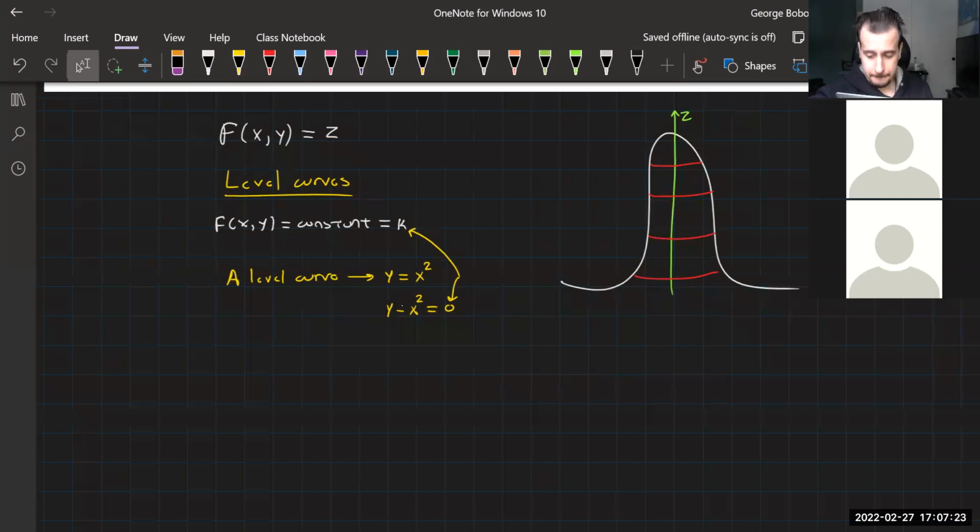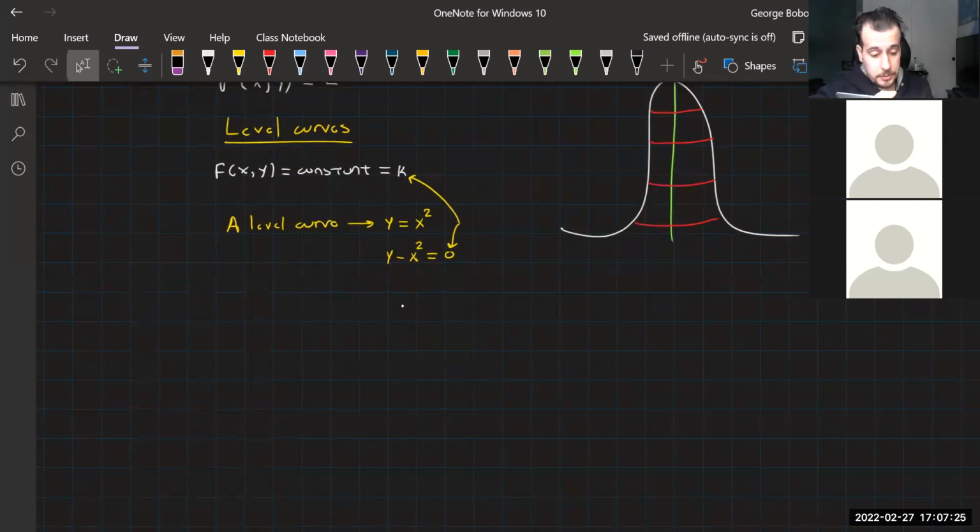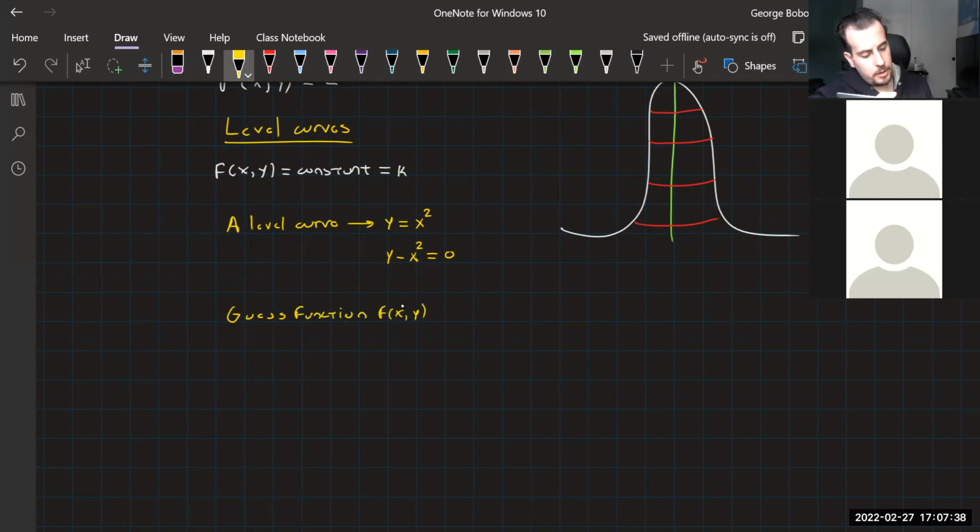So k is equal to 0. This is the k equals 0 level. So guess the function. Well, I'm going to guess here that f of xy, or z, however you want to write it, is just equal to y minus x squared.